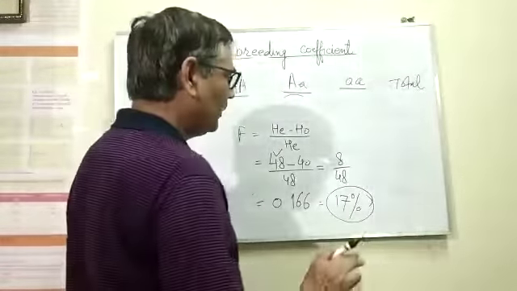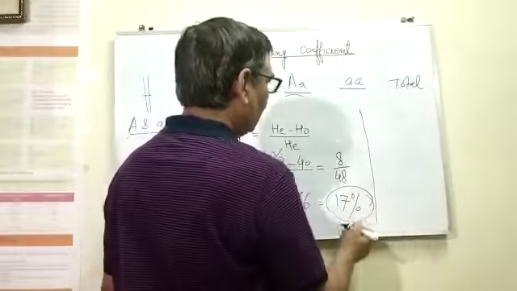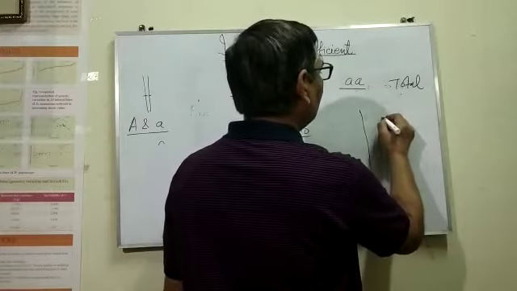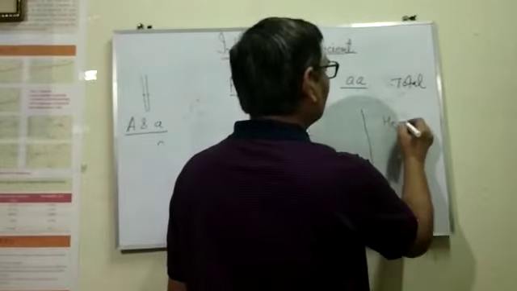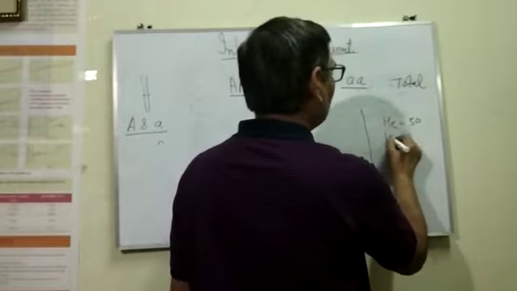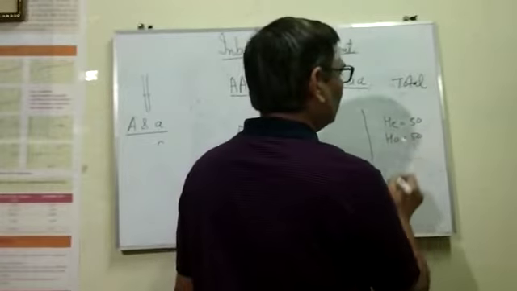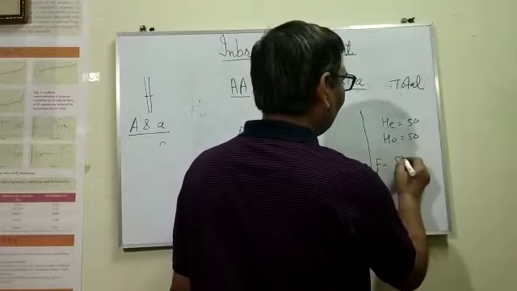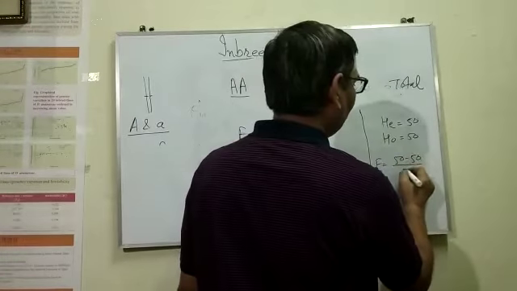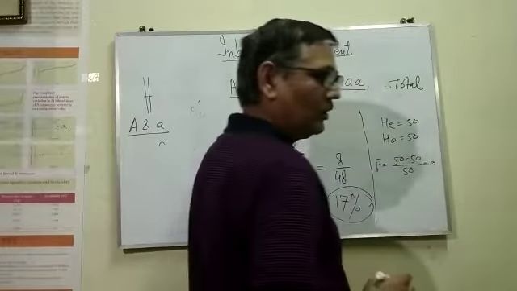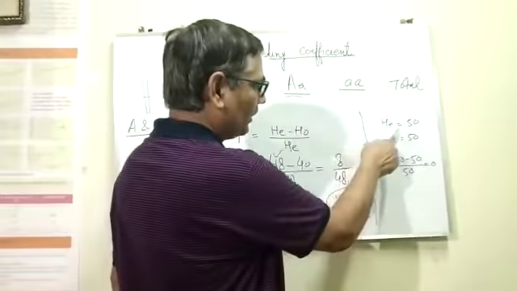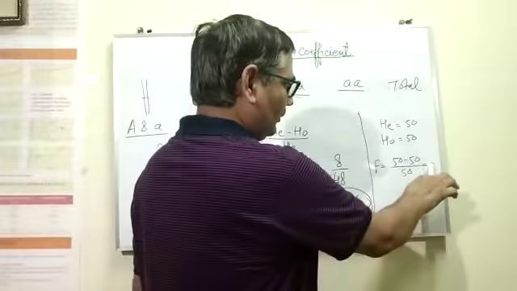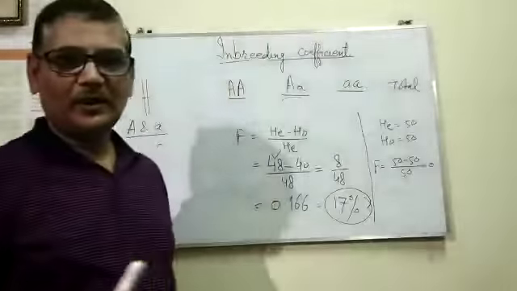Now once again let me repeat the earlier statement: suppose you get the expected HE as 50, and HO also comes to 50. In that case, this F value will be 50 minus 50 divided by 50, which is 0. So whatever you are expecting, exactly the same value you are getting. 0 means there is no inbreeding.